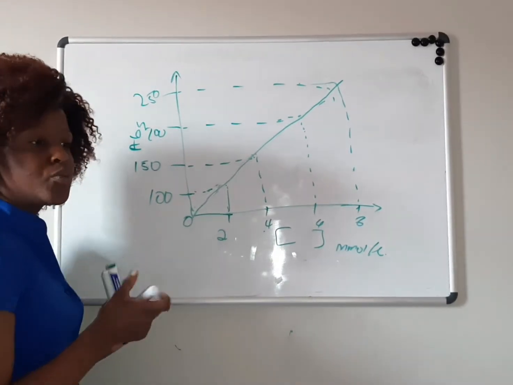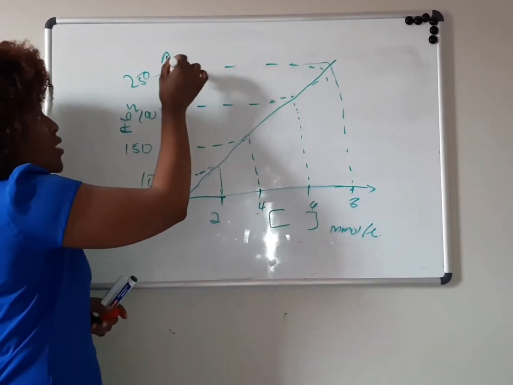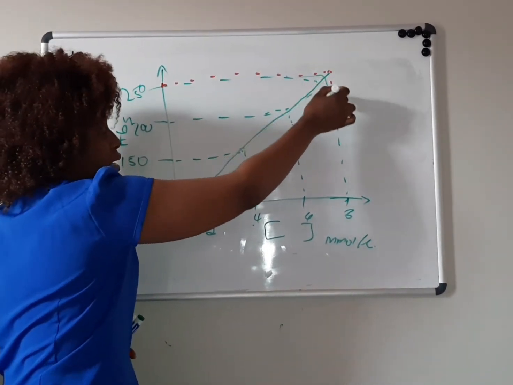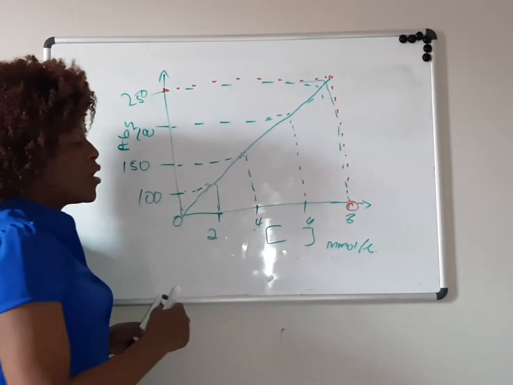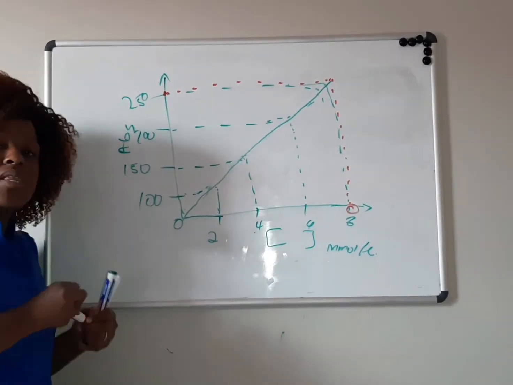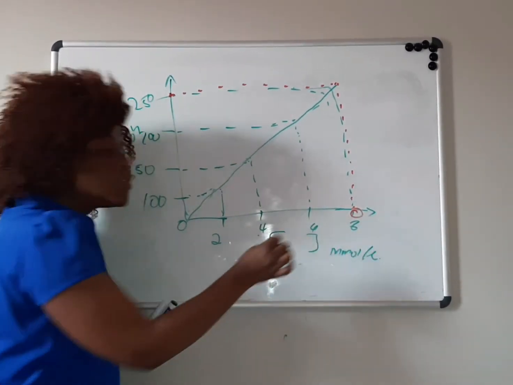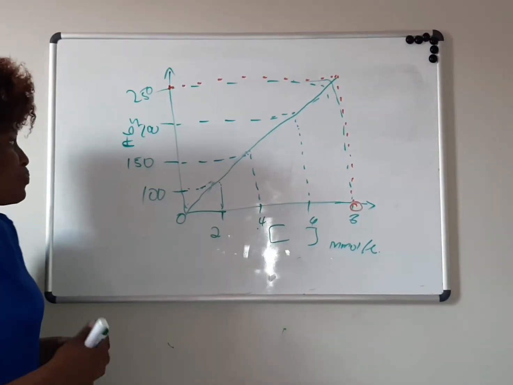The instrument will draw a line where it meets that linear line, then go down, and that will determine the concentration. So if the sample had an absorbance of 250, its concentration will be 8 millimoles per liter.